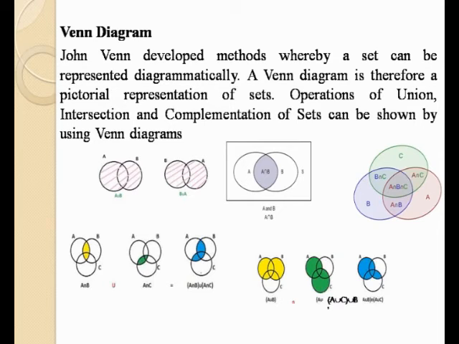That is, elements that can be found completely in A, and then partly in B, and partly in C. So that gives us the blue shading.